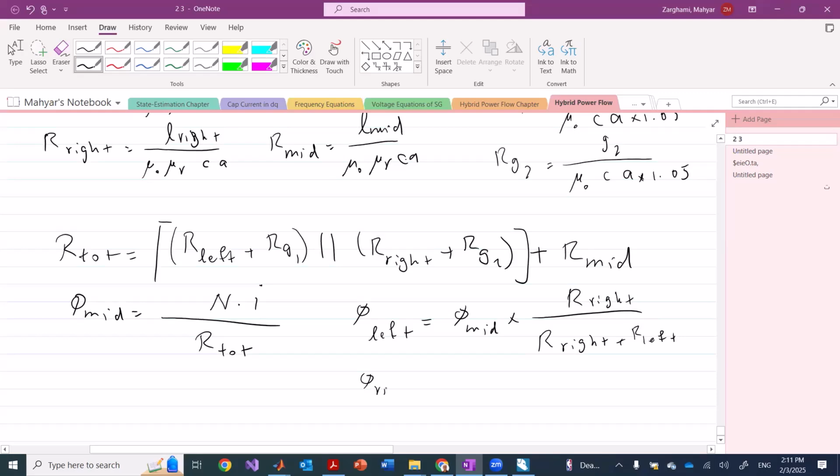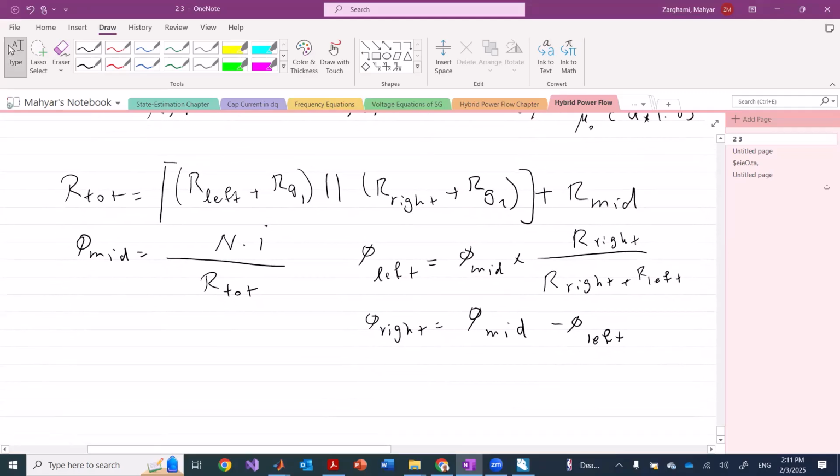Phi on the right would be just phi in the middle minus phi on the left. Correct? Once you find the phi's, then the b's would be just phi's over the areas, which are all the same. So b on the left would be phi on the left divided by a, which is equal to c times a. The same thing for the right and middle portion.